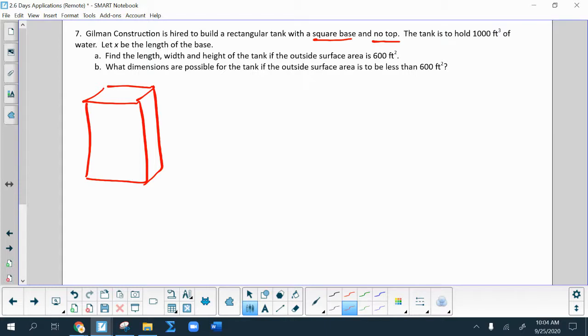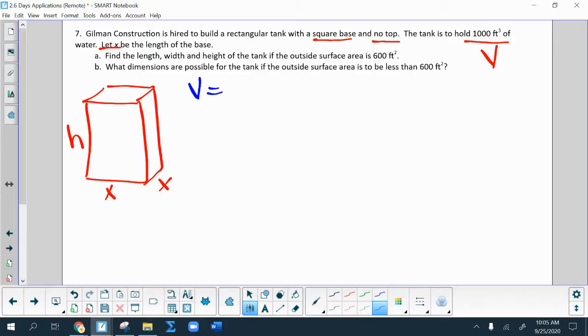So it says that the tank is to hold 1,000 cubic feet of water, so that's your volume measurement. And it does also say to let x be the length of the base. So I'm going to let those two pieces be x, and then we'll call that side the height. So I'm going to start by writing a formula for the volume.